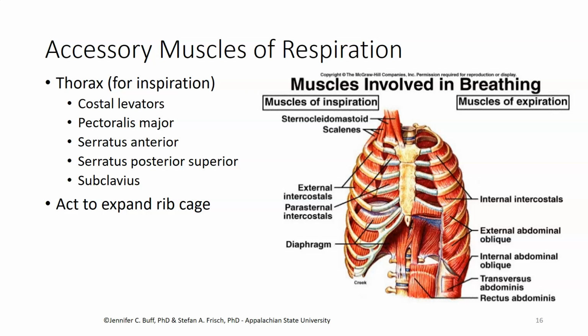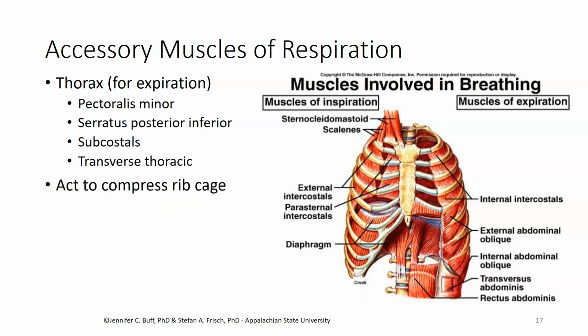The serratus posterior superior, which comes from some of the superior vertebrae, including the last cervical vertebrae and the first 3 thoracic vertebrae, course downward and laterally into the ribs. And the subclavius, which is a muscle that runs from the clavicle into the first rib. These muscles can act to expand the rib cage either directly with extreme contraction or by stabilizing upper ribs to allow more movement of the lower ribs.